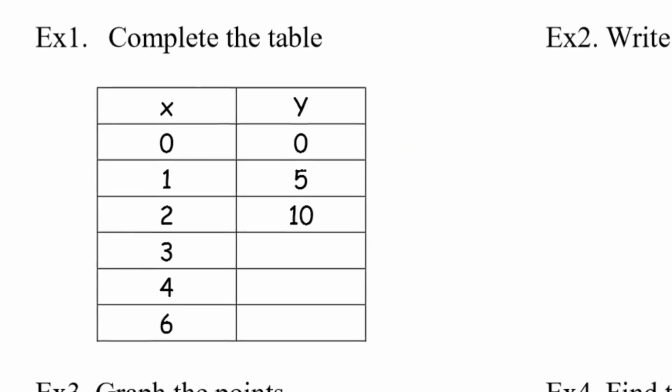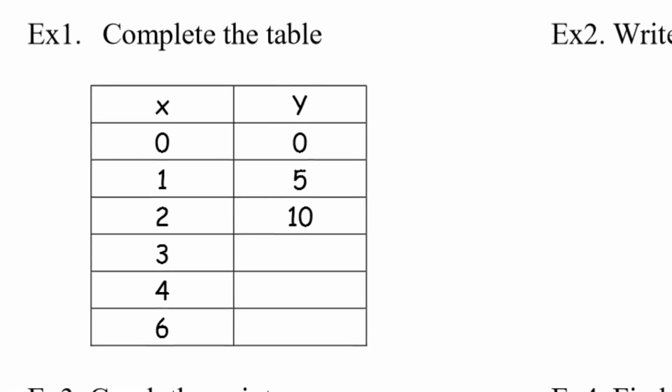First things first, let's talk about this table. So you're noticing 0, 0, 1, 5, 2, 10. What I want you to do is pause the video just for a moment and try to anticipate what these values are going to be, keeping in mind that we go 3, 4, and skip 5 and go to 6.